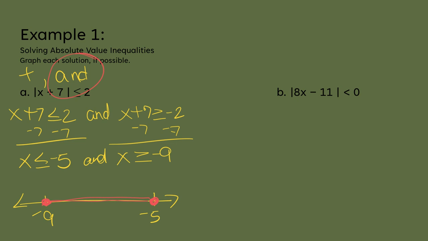Now let's look at B. I just want you guys to study B. Just study B. It's a what? Why is it no solution? It's going to be no what? Absolutely. Why is it no solution? Because I'm going to have a positive number less than 0, correct?